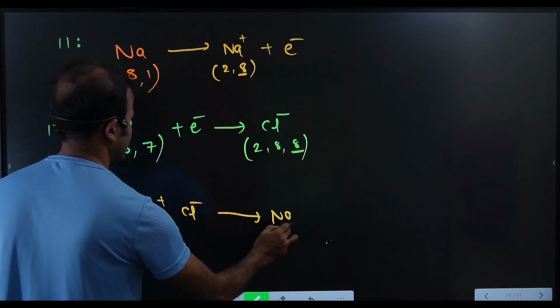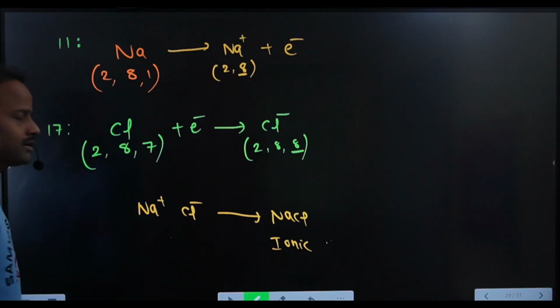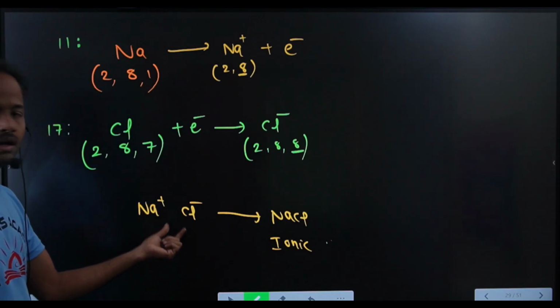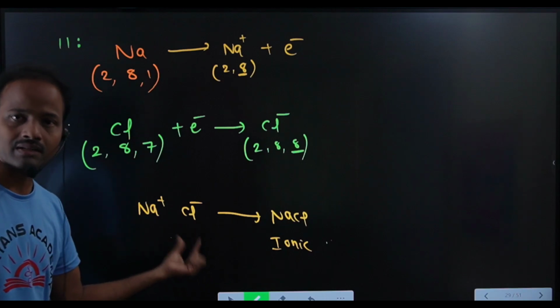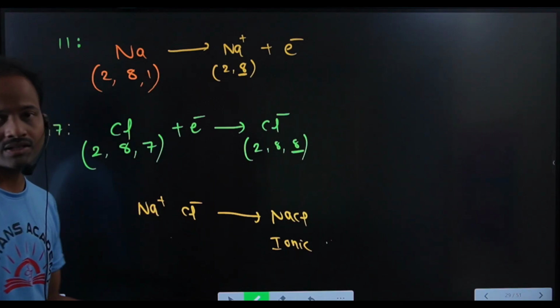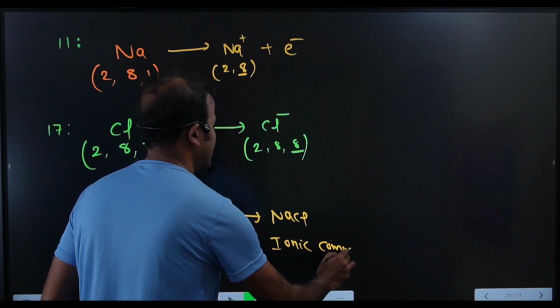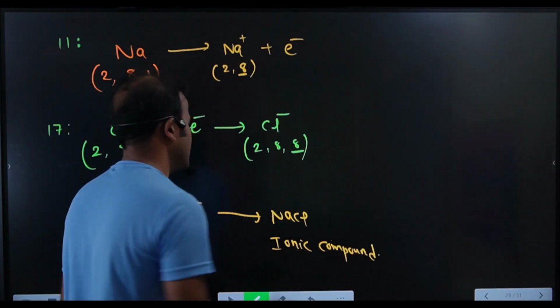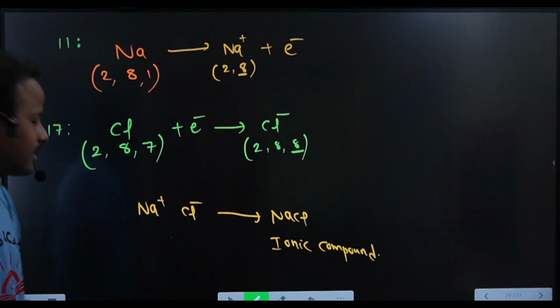NaCl will form, and this NaCl is an ionic compound, because of strong electrostatic attraction forces. Because of the plus charge and minus charge, unlike charges attract each other, and because of this strong attraction force, this ionic compound, NaCl, is formed, right? Here we can see the NaCl ionic compound.